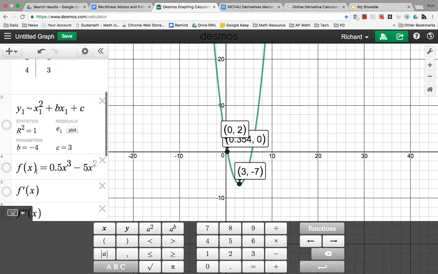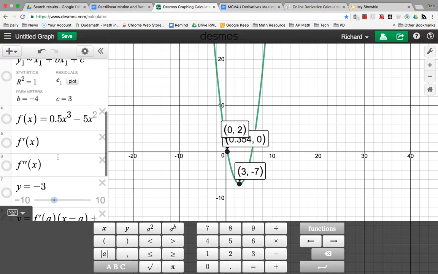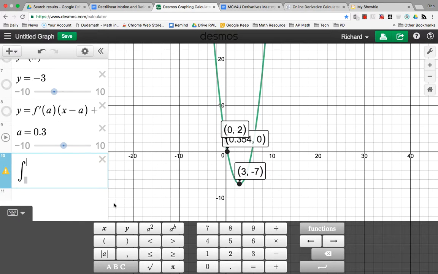So if I had an f of x curve, for example, I could do area under f of x between 0 and say 5 seconds, and then I would just write f of x. And it gives me a quantity. There you go. Okay, so that's the answer to that. That's the area under the curve. So you can do that on Desmos, or you could do it also on your black calculator.